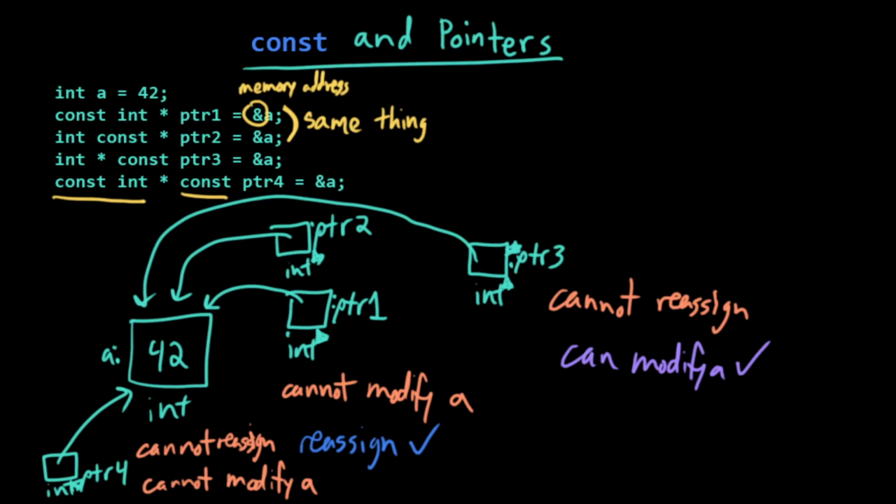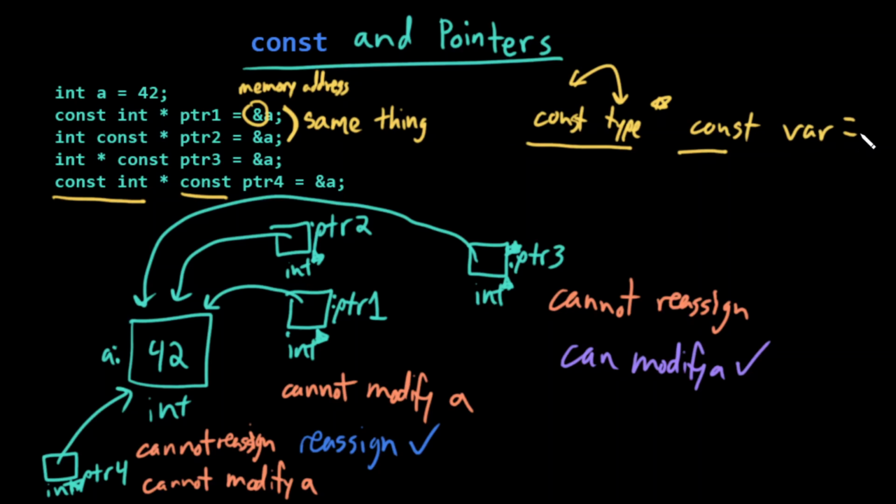So put it generally, if I have something star and then const, so I have either const type or flip these two around, and then const and the variable name. This one makes it a const pointer.